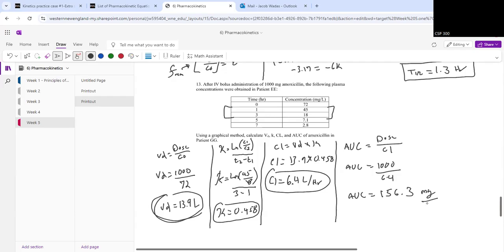Okay, perfect. The units are milligrams per liter times hour, or you could write it in a different form, which is how I write it. I just wanted to flex, because mine is written more simply. So we're done with this sheet.